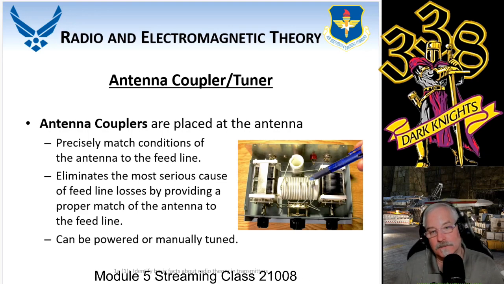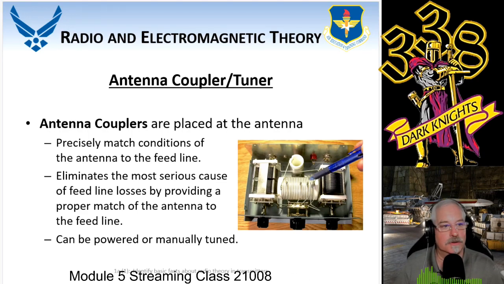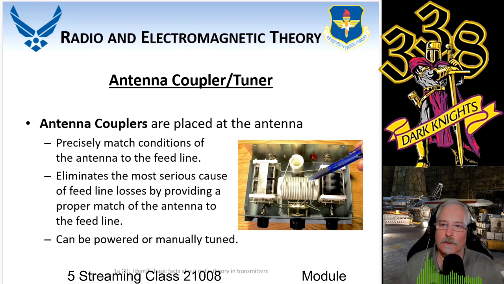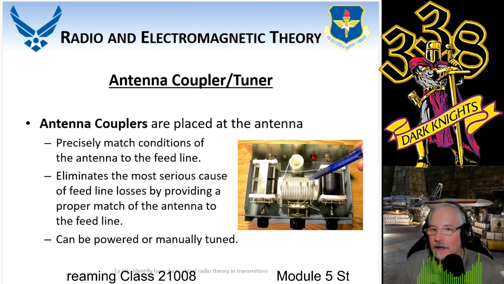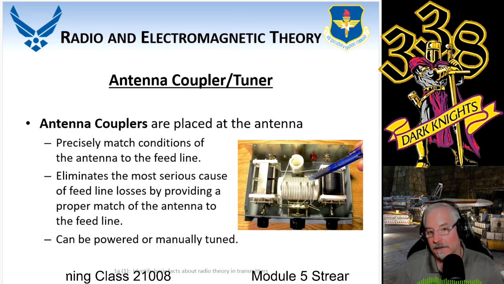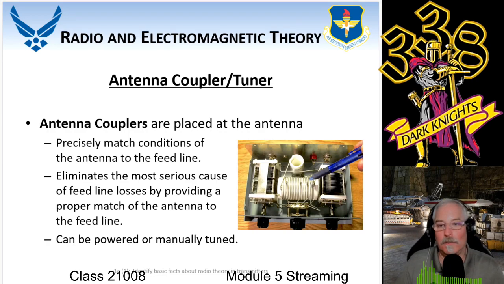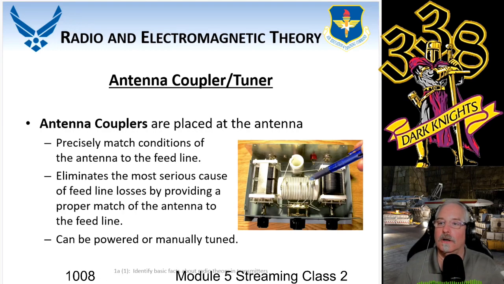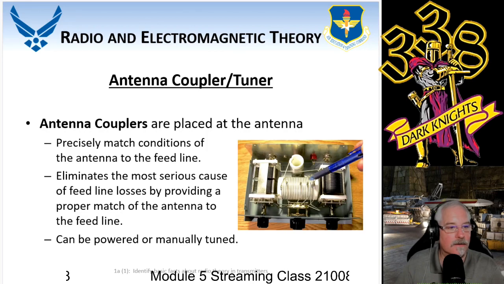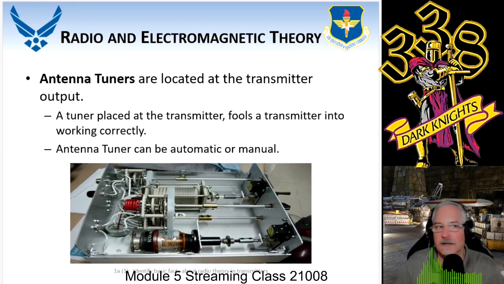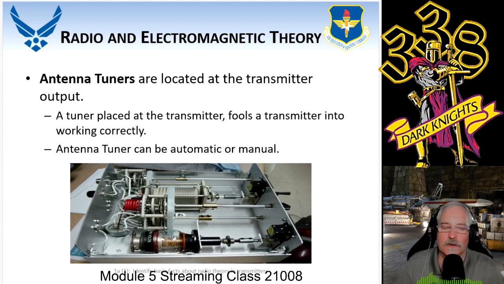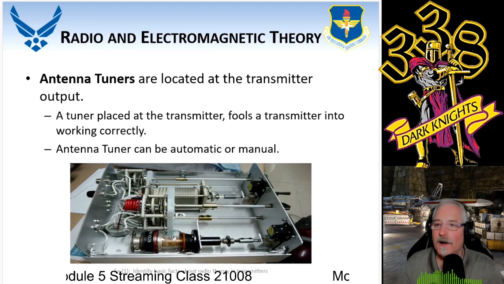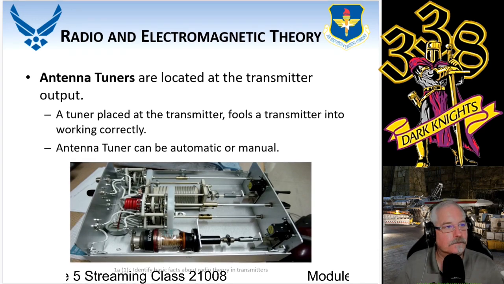If you've got some type of VIDS, visual intrusion detection systems, might be with you or in the same work center, they'll work with 75 ohm lines. So you can see right away that if you mix those lines up, your coupler is going to have to work a little bit harder in order to make everything look like it is a 50 ohm impedance. So couplers are placed at the antenna. The tuners are located close to the transmitter, in some cases internally to the transmitter. You're going to find that out later down the road.